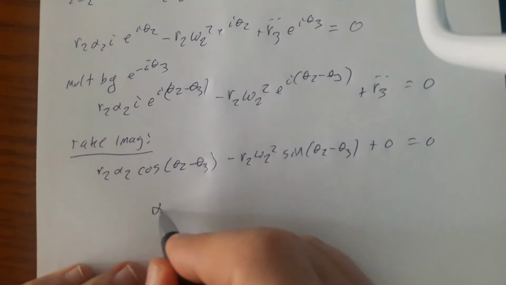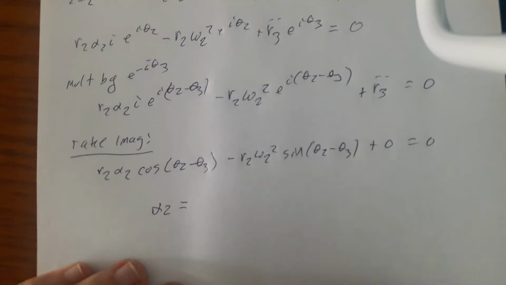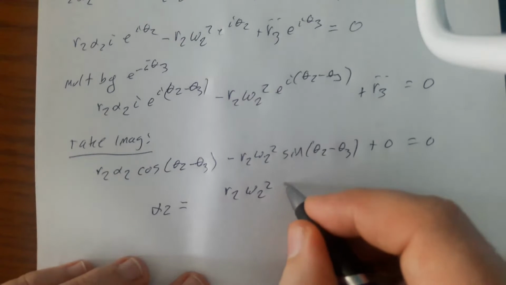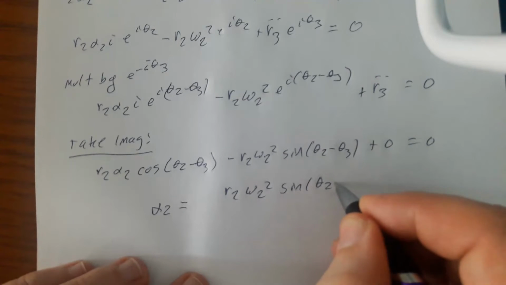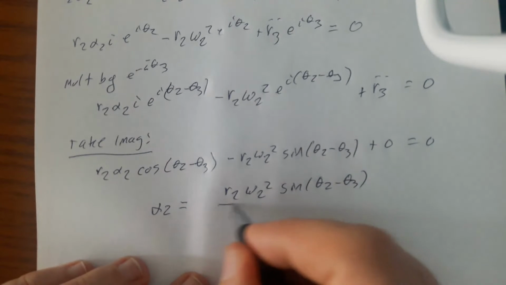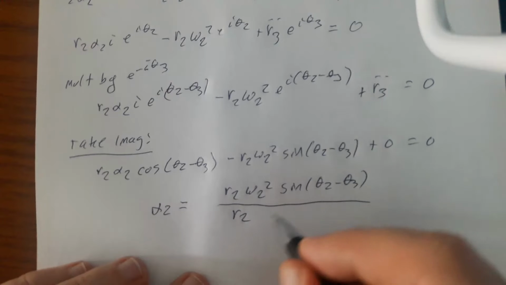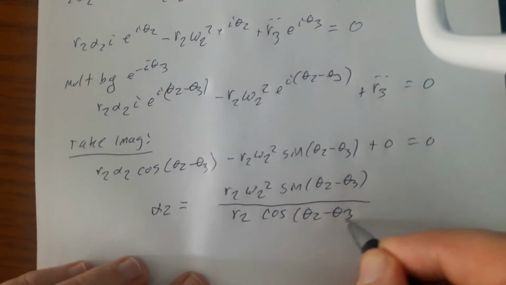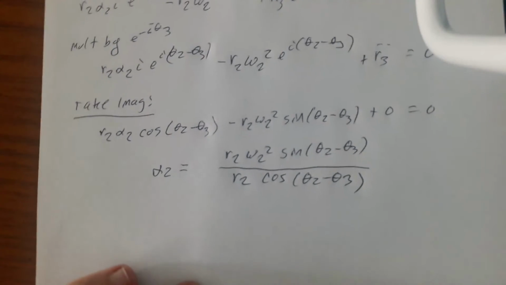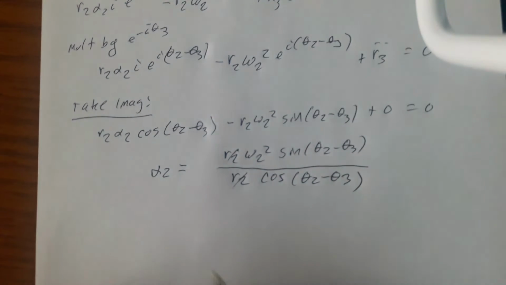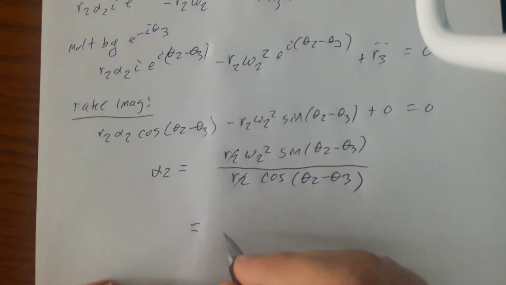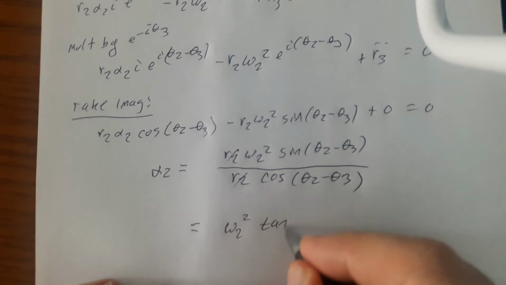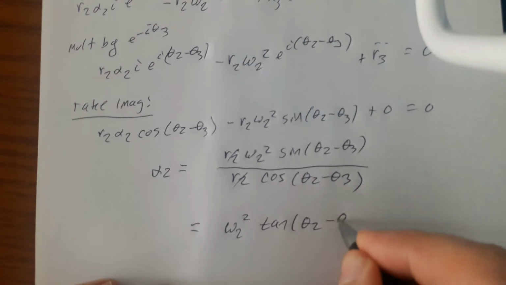So when we solve for alpha 2, we'll find that alpha 2 equals R2 omega 2 squared sine theta 2 minus theta 3 divided by R2 cosine theta 2 minus theta 3. And so the R2's cancel out, and that's equal to omega 2 squared times tangent theta 2 minus theta 3.